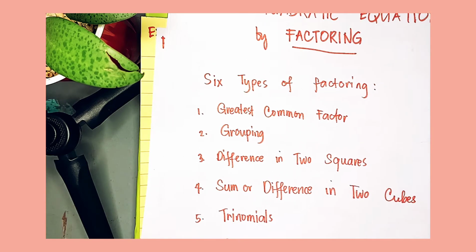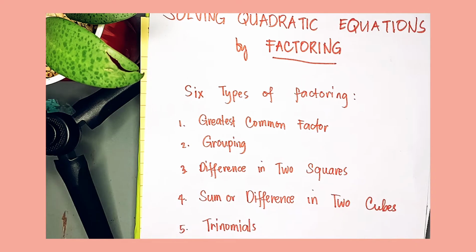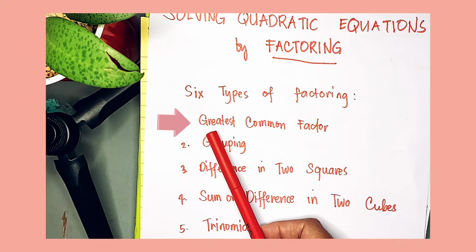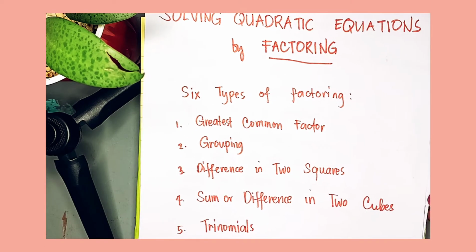But in this particular discussion, we are going to focus only on factoring by finding the greatest common factor, the difference of two squares, and the trinomials. The remaining types of factoring will be discussed in our next video.